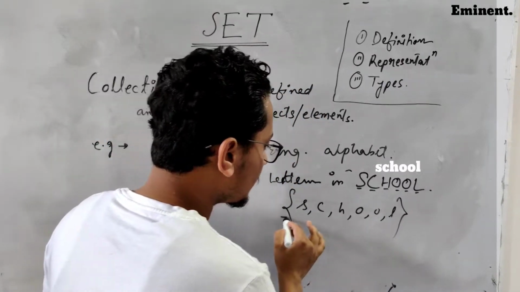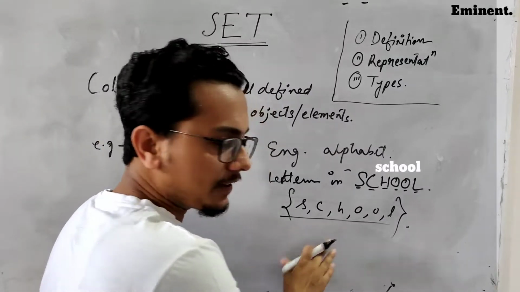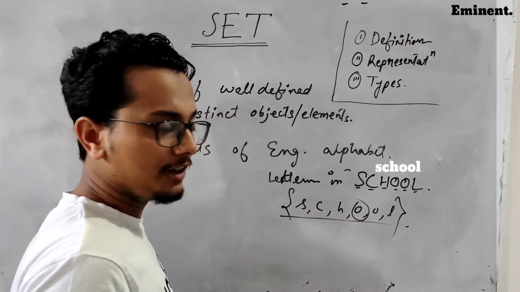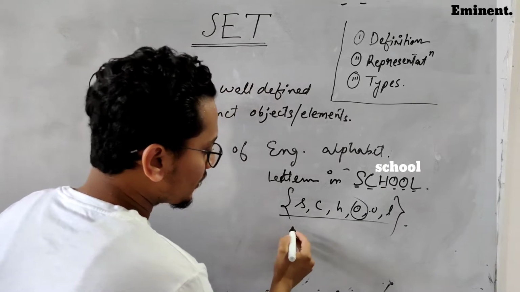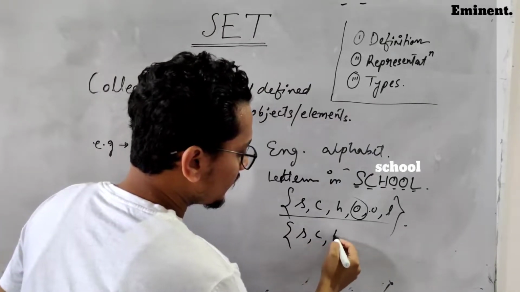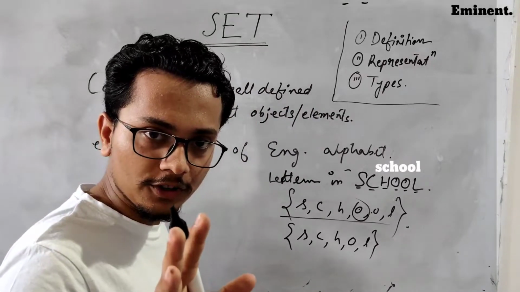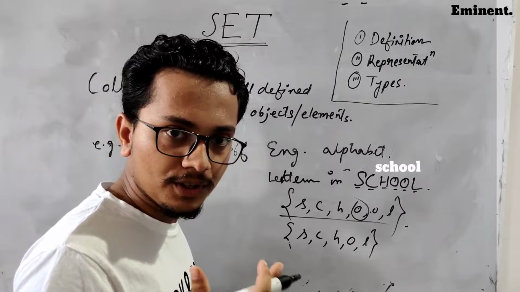Remember that this is wrong. Why is this wrong? Between the brackets, one element can't be repeated. Here O I have written 2 times. It will be just S, C, H, O, L. Now you understood. Within the brackets, no need to write one element 2 times.